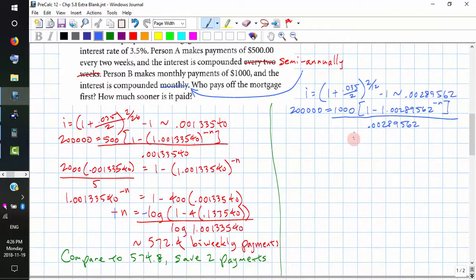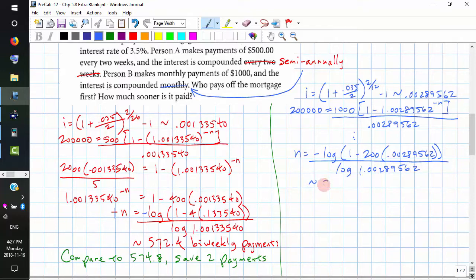We're going to do a bunch of similar work, and we're going to end up with n equals negative log 1 minus 200,000 divided by 1,000 gives us 200. And we still have the 0.00289562, all divided by log 1.00289562.